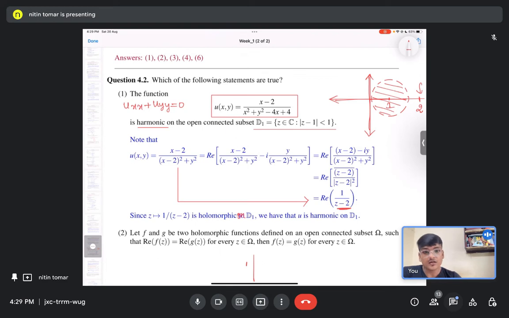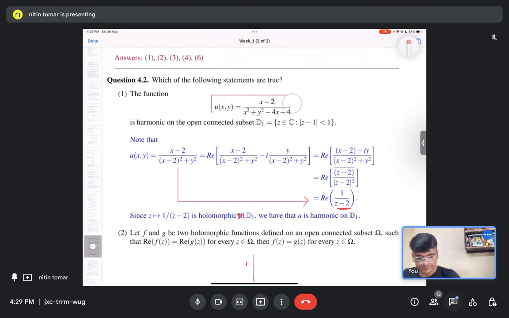So because u is the real part of a holomorphic function, hence it is harmonic. Or directly you can see it via the Laplace equation. Anyhow, okay. Is this clear? Okay. Let's move ahead.